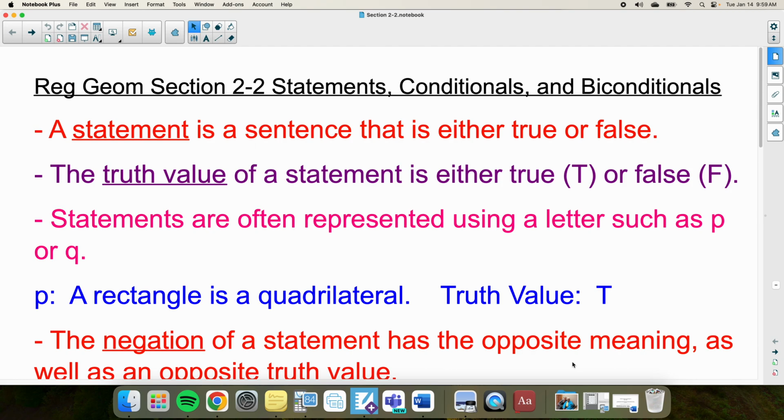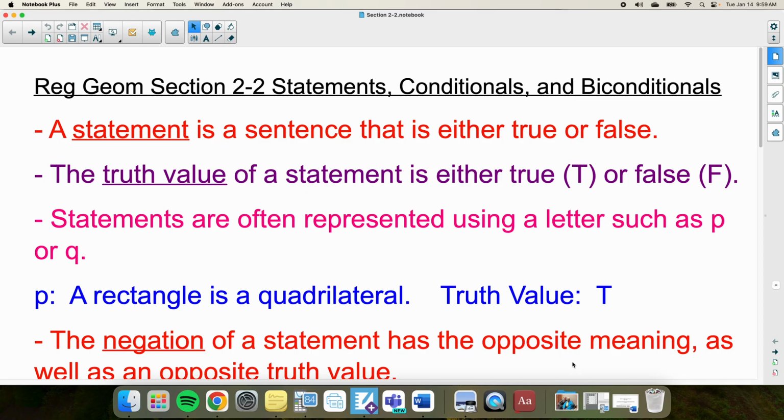But it has to be something that's true or false. It's not going to be something that is an opinion. So it can't be like, math is my favorite class. That's an opinion. Well, I guess for you it could be true. But it's not usually an opinion, it's something that's an actual fact, okay?